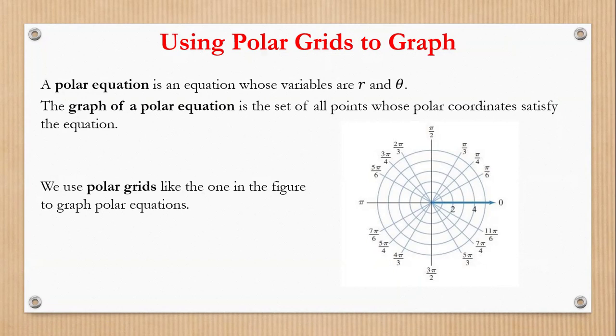When we talk about polar equations, we mean equations whose variables are r and theta, like r equals cosine theta. That's an equation in which the variables are r and theta instead of x and y. And we are going to use polar grids to graph polar equations.